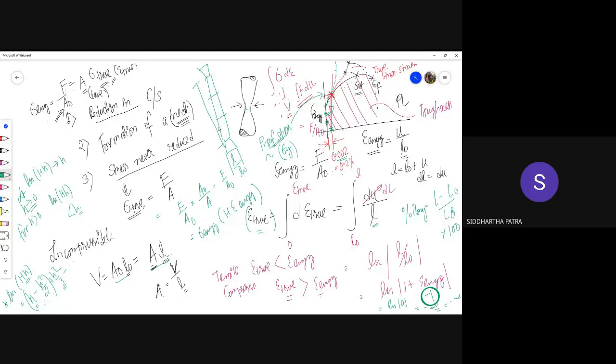And for percentage reduction in cross section, we need to measure the narrowest portion of the area, at the necking. So let's call it AN.